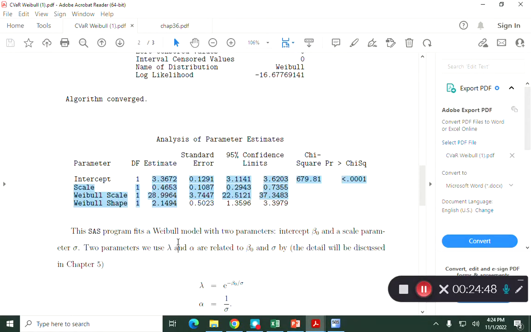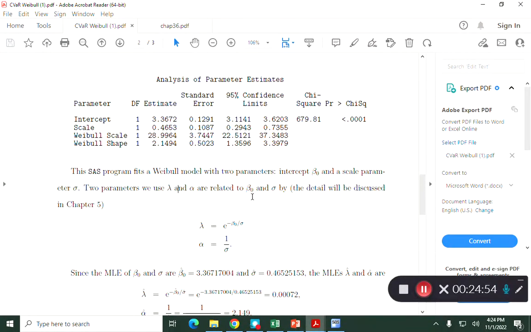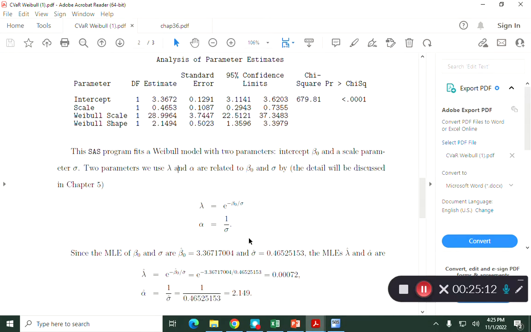And for Weibull distribution, the translation is the following. First, lambda equal to negative beta 0 divided by sigma, okay? And so we need to figure out where is my beta 0. Beta 0 is the intercept.